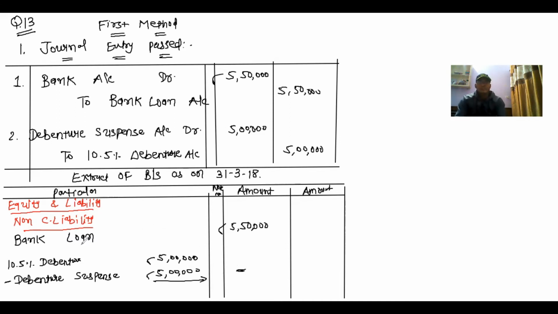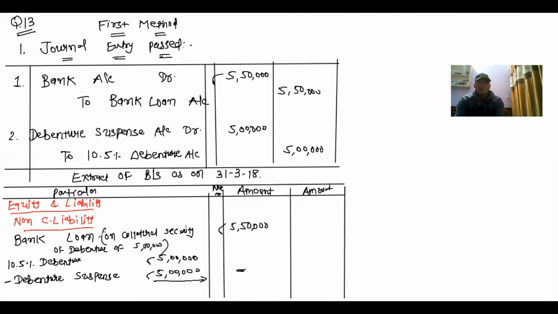Okay. Now in bank loan, in bracket, we have to write bank loan on collateral security of debenture of 5 lakh rupees. Okay.